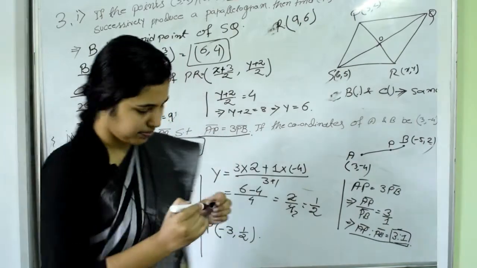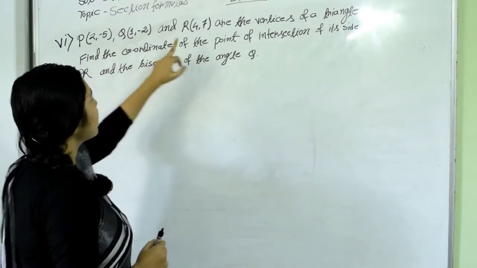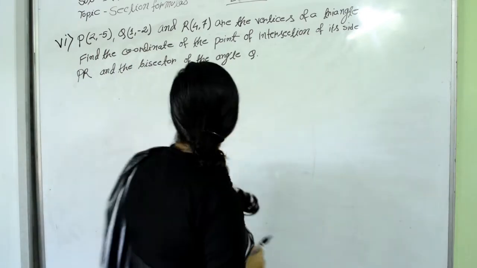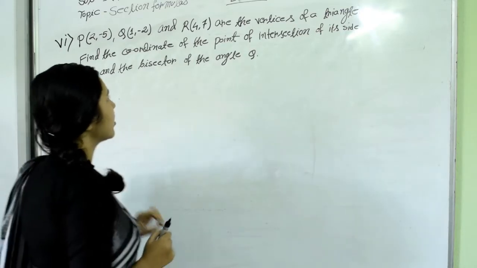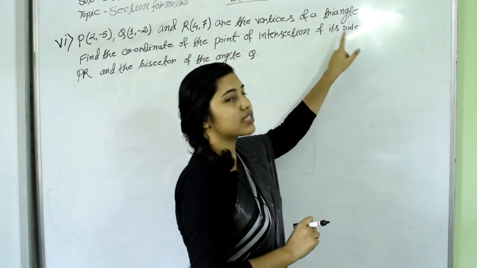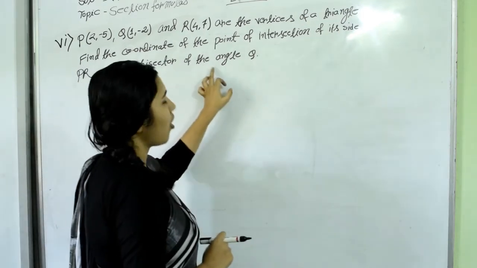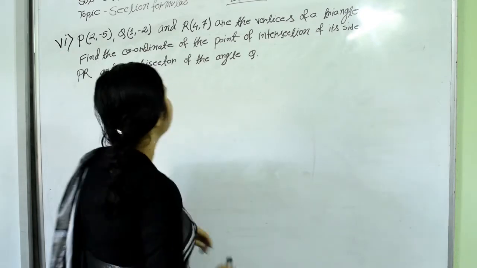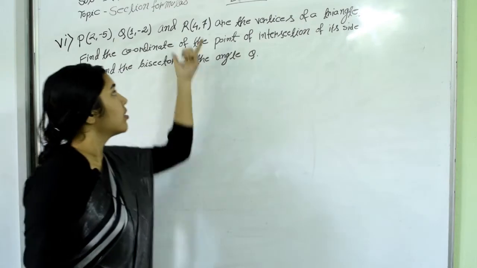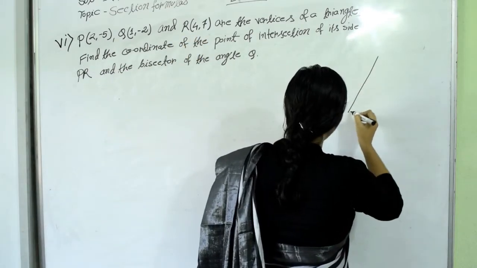Is it clear? So now our next question. Here P, Q, R are the vertices of a triangle. Find the coordinate of the point of intersection of its side PR and the bisector of the angle Q. So first draw a triangle with vertices PQR.